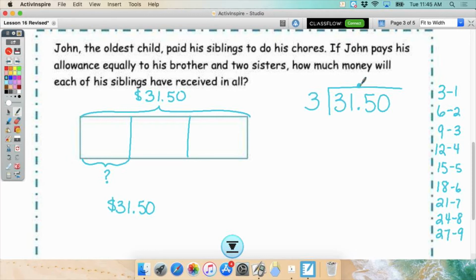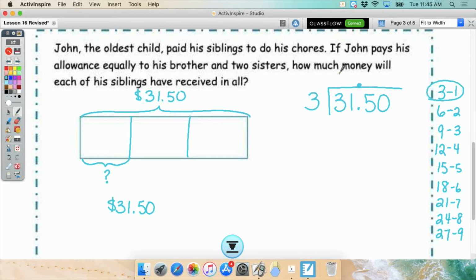Okay, so do you have it set up? All right, so am I going to divide into the 3 or the 31? Into the 3. Into the 3.